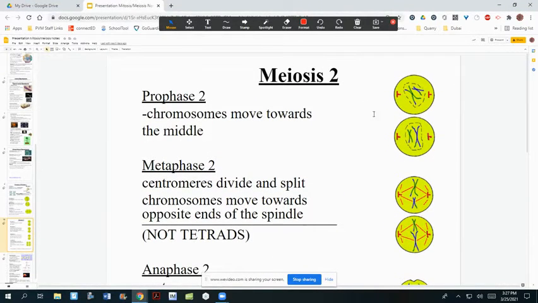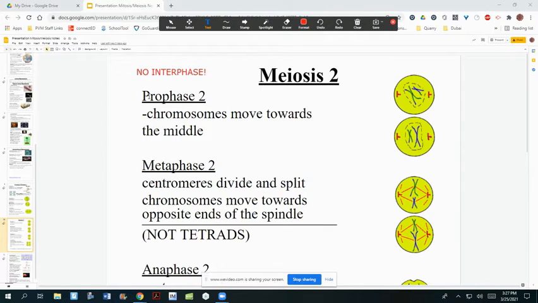In meiosis 2, the chromosomes don't duplicate. Notice there's no interphase. And one of the things that happens during interphase is the S part of interphase is when all the DNA is duplicated. There's no S phase, no duplication. It's going to go right into the division again.